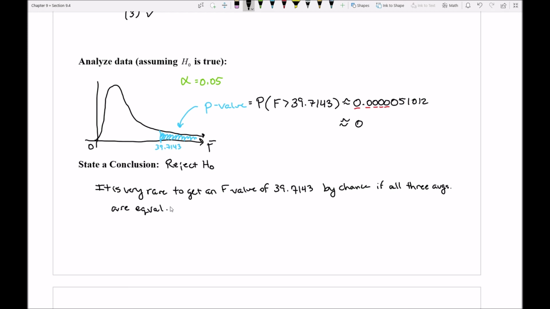This is what the p-value tells us. It's really weird to see what we saw if H0 is true.